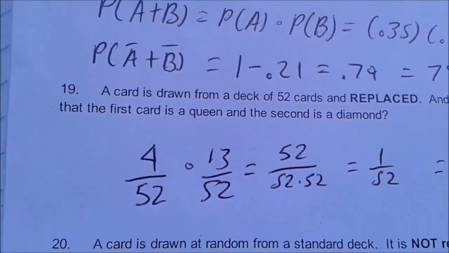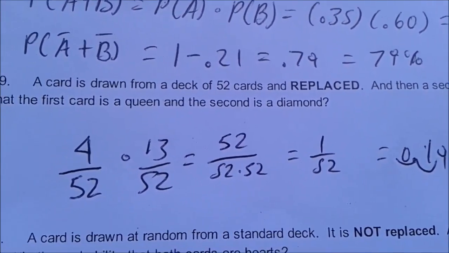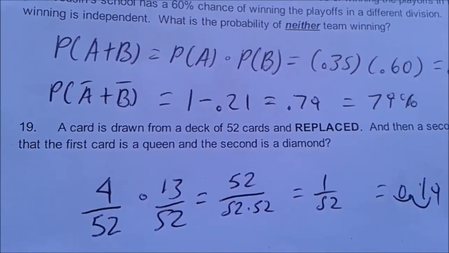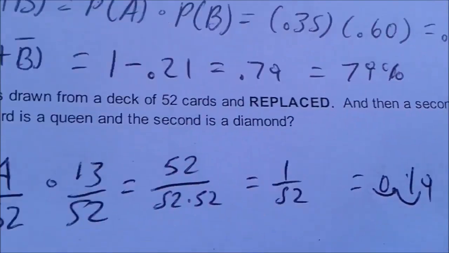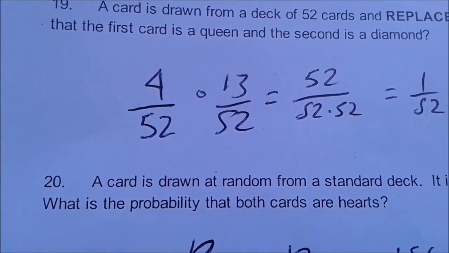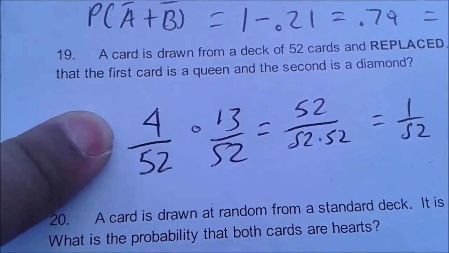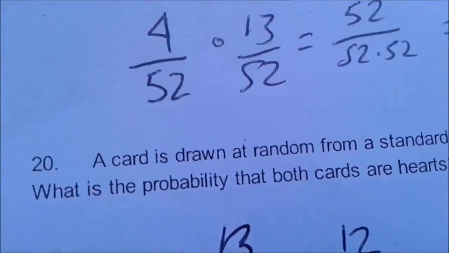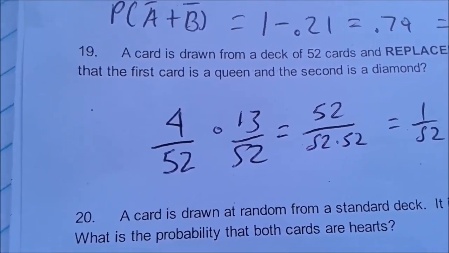A card from a deck of 52 cards. Oh wait, never mind. A card is drawn from a deck of 52 cards and replaced. And then a second card is drawn. What is the probability that the first card is a queen and the second is a diamond? So it's 4 over 52 times 13 over 52, and it's 13 over 52 because you chose 1 card and you put it back in.